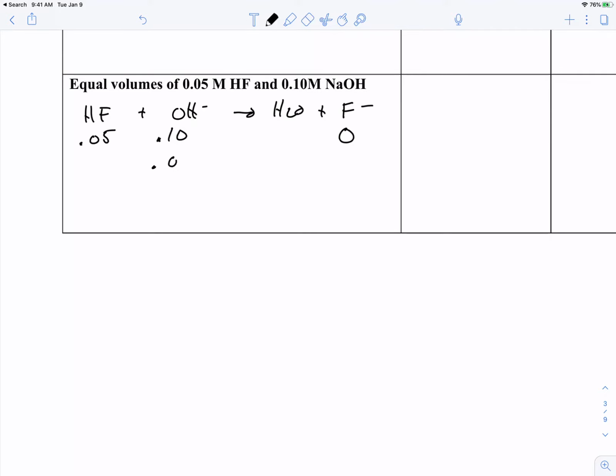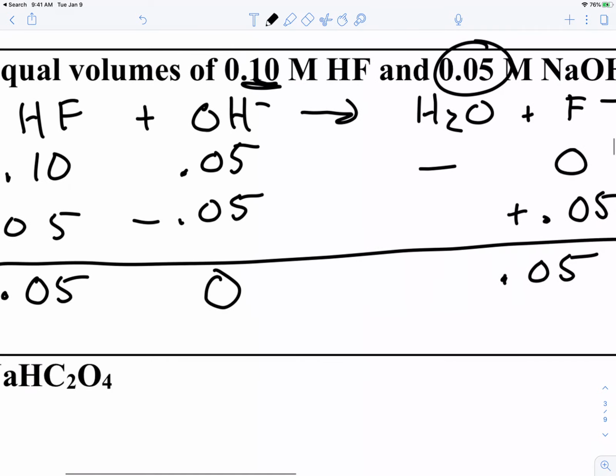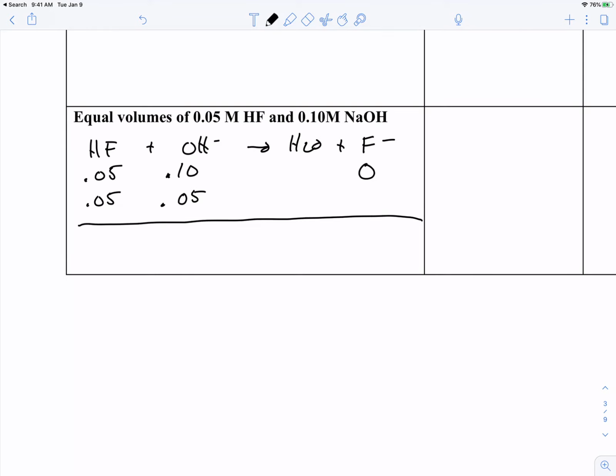Well, in this case, the hydrofluoric acid is the limiting reagent. In the previous case, hydroxide was the limiting reagent. So at the end, we'll end up with the same amount of fluoride as we did previously, but the hydrofluoric acid will be gone, and we'll have excess hydroxide ions, which is a strong base.